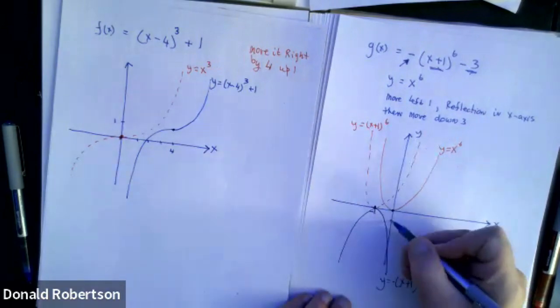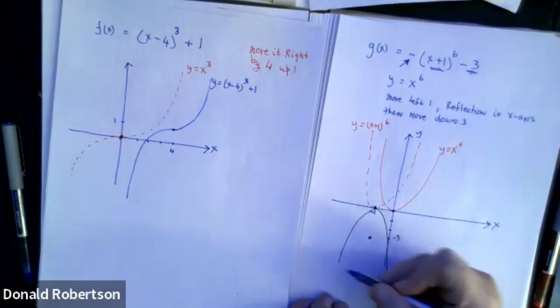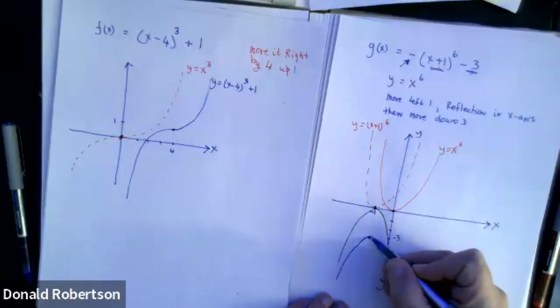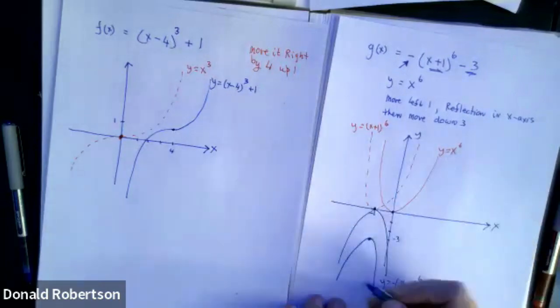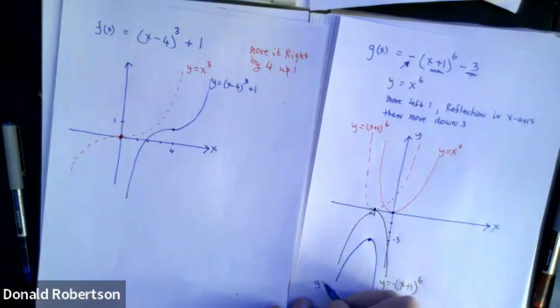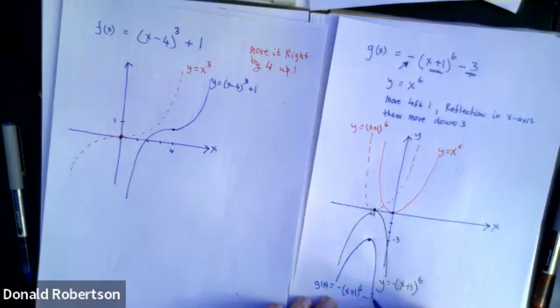So you take this guy, you move it down 3, which is about here. And then can you imagine that it's probably a good idea to do all of these in very thin, faint pencil? Because here is our final curve. g of x is this guy here: negative (x plus 1) to the 6, take away 3.